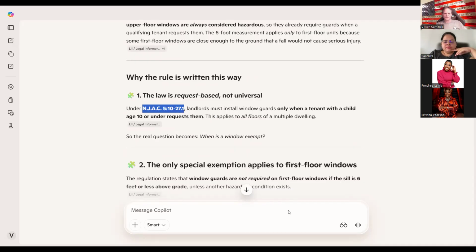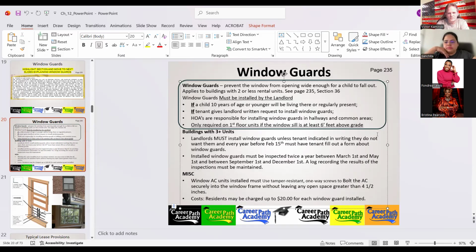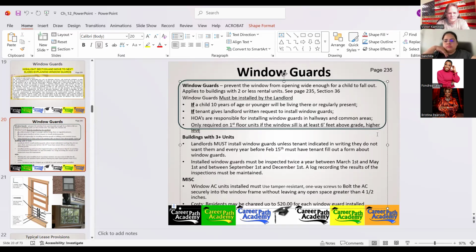We could add that to the slide. Window guard, fire level.